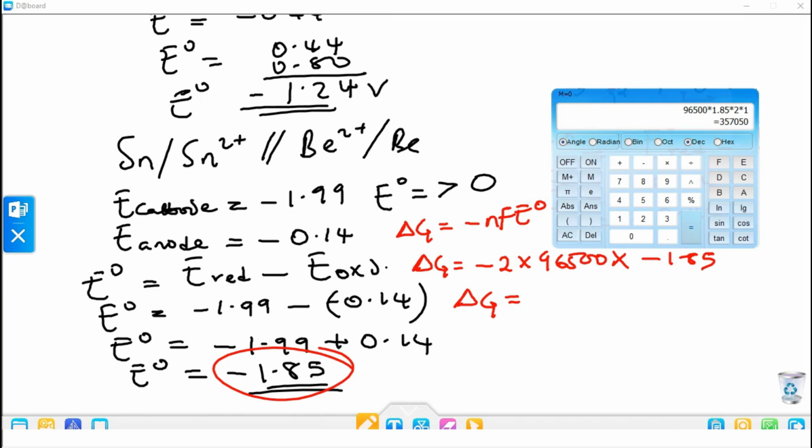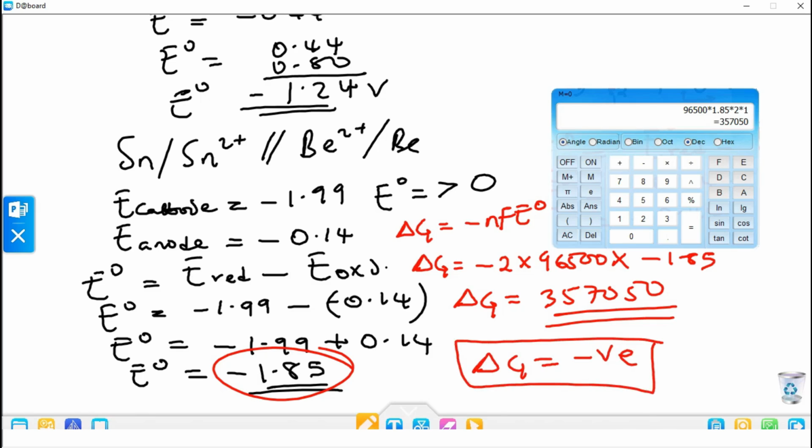So at the end of all this, we are going to have a positive answer, which is 35705. So our delta G is positive. If our delta G is positive, it tells us that the reaction is not spontaneous. For a reaction to be spontaneous, delta G must be a negative value.